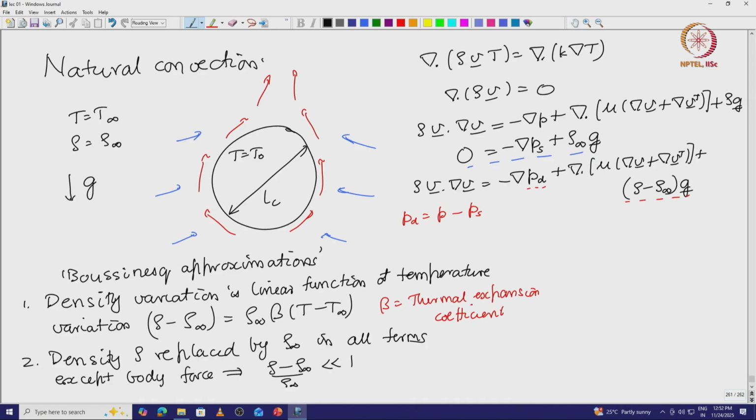And this basically implies that beta into T minus T infinity is much smaller than 1. The thermal expansion coefficient times the variation in temperature between the object and the bulk is much smaller than 1. That is the second condition.